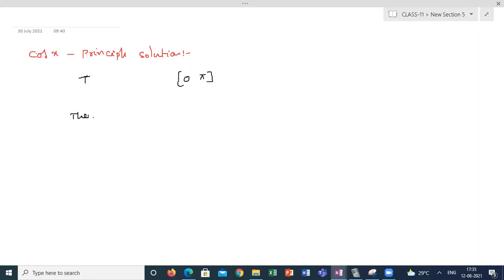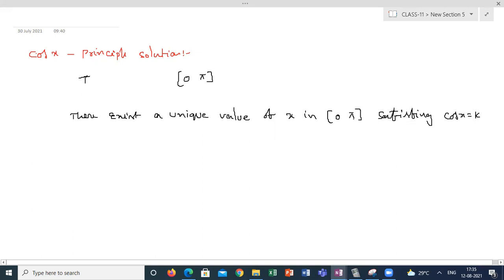There exists a unique value of x in 0 to pi satisfying cos x is equal to k, where k belongs to R and modulus of k is less than or equal to 1.